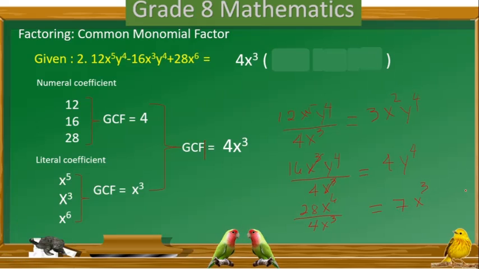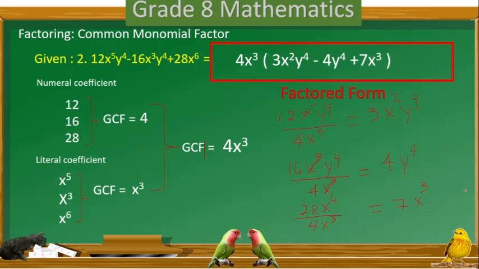That's it. So you write the first quotient, then the negative sign, then the second quotient, then the sign, then the last. That is the factored form of the given polynomial.